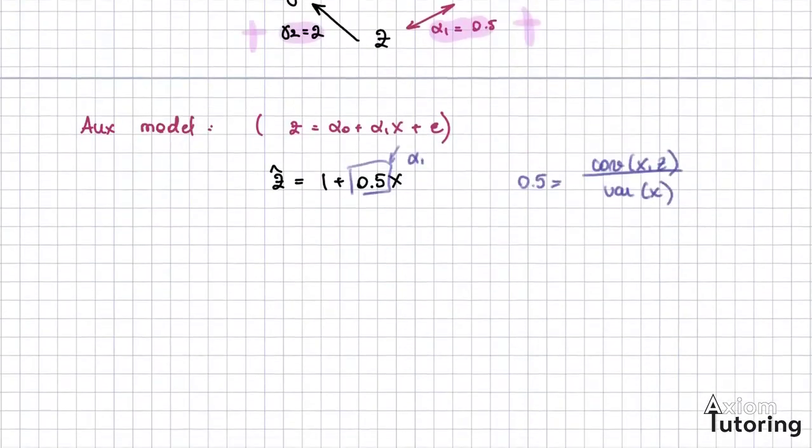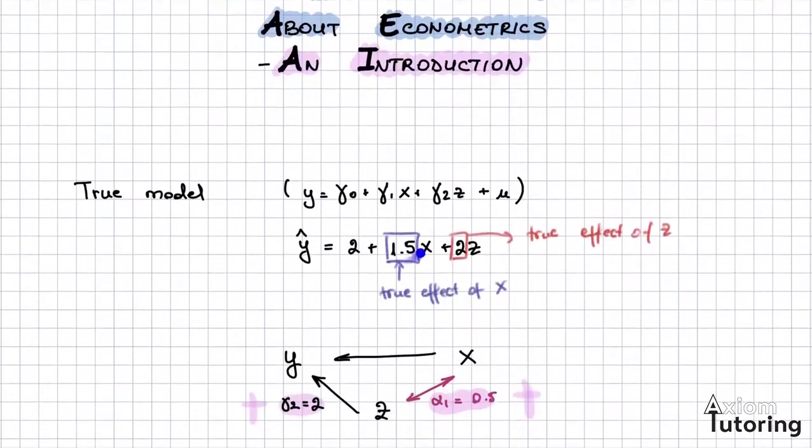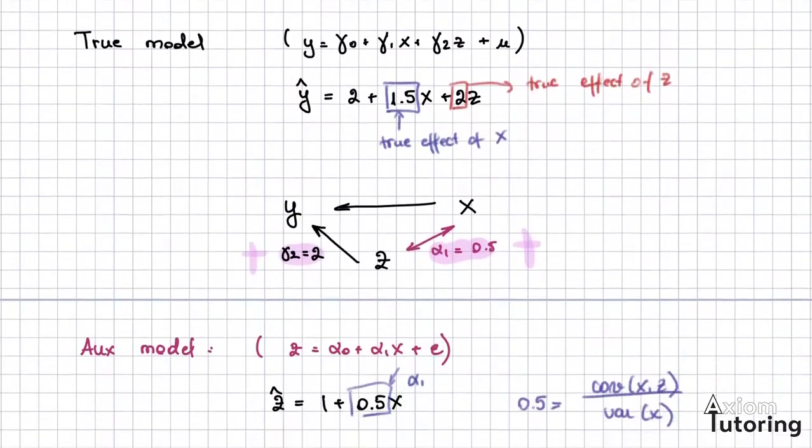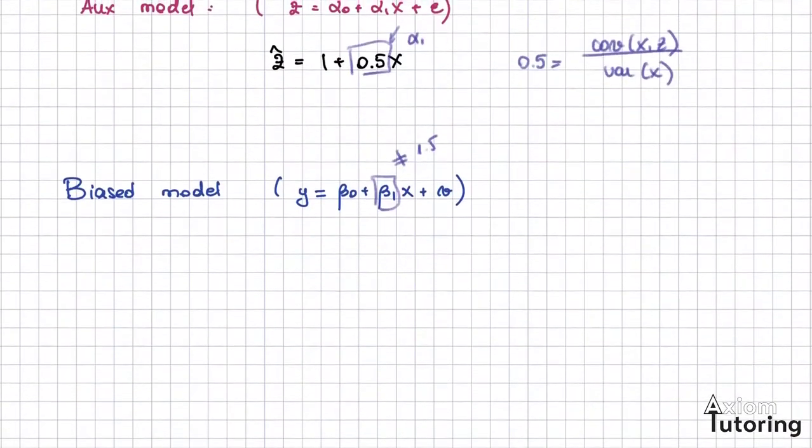Now, the biased model, so let's do the last bit. The biased model, which in the previous video we wrote as y equal to beta 0 plus beta 1 x plus an error term, would have been overestimated. This beta 1 is not going to be the 1.5 that we found up here, because there is a relationship between z and x, and that needs to be taken into consideration.